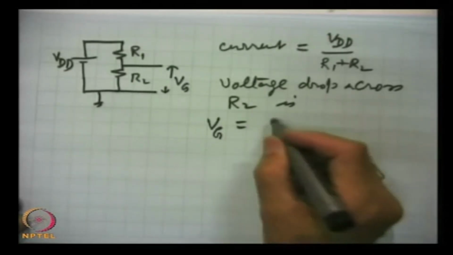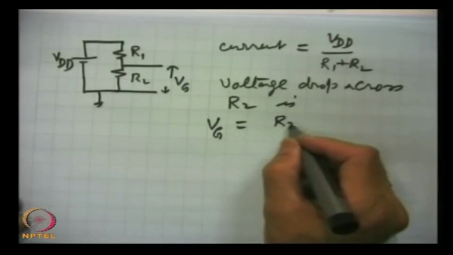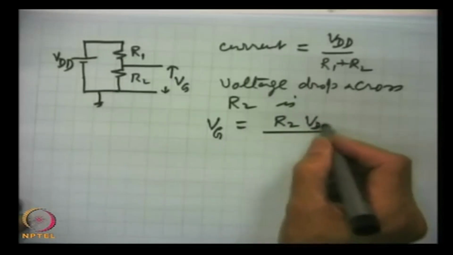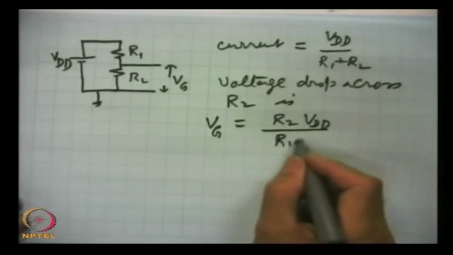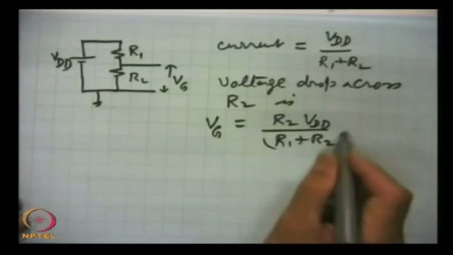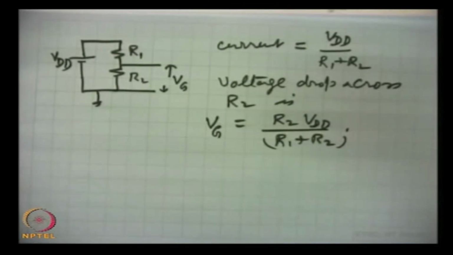VG is simply R2 into this current, so VG equals R2 VDD by R1 plus R2.